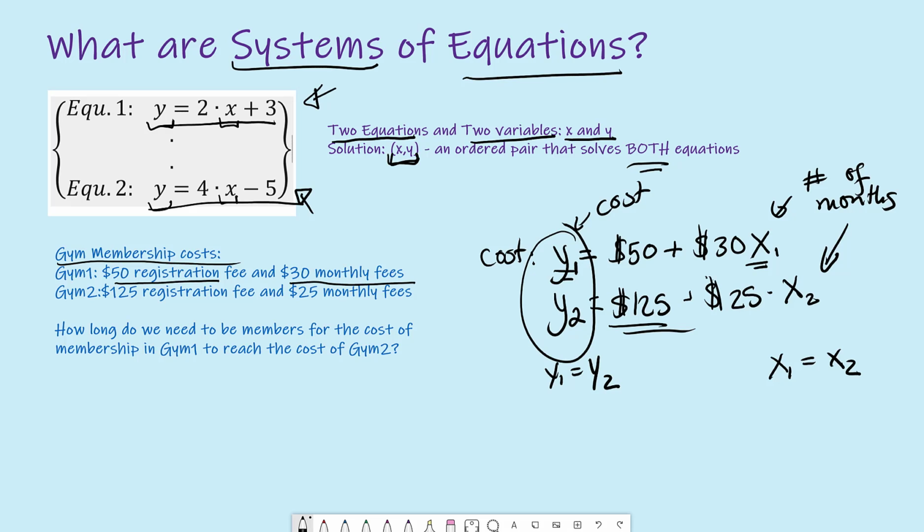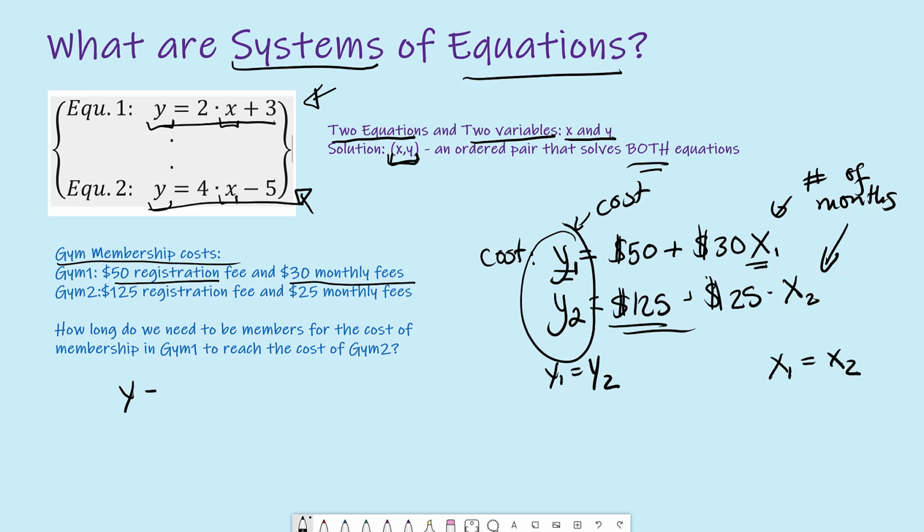So what we have here is similar to the example. We have a set of equations where we have the same two variables, because now we're not looking at a general cost or a general number of months. We're looking at the number of months that will have to pass until both memberships cost the same amount.